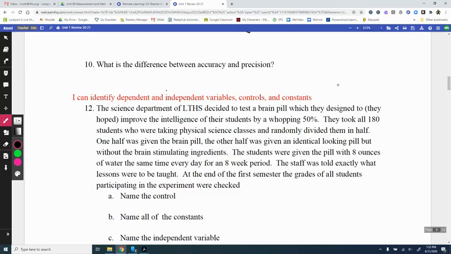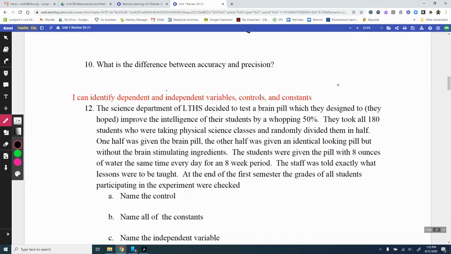Now precision is different. Precision is repeatability and consistency. So, for example, if I were to take that same pen and give it to 10 different people, and all 10 of those people said, this pen is 12 centimeters long. Now, first of all, is that precise?